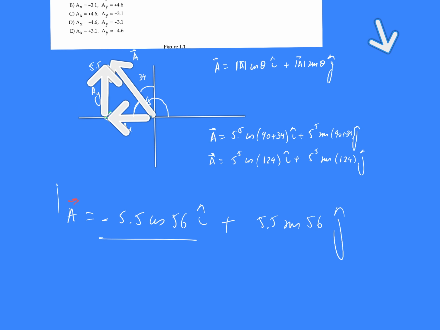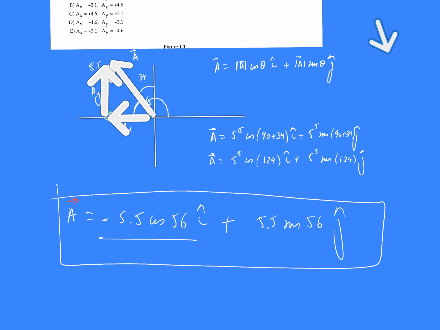So this expression for A and the other expression for A, you can use your calculator, are the same thing, because cosine of 124 is minus cosine of 56, and sine of 124 is the same as sine of 56. So the two expressions are the same.